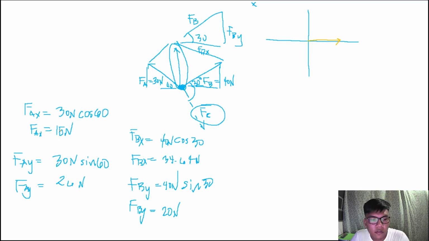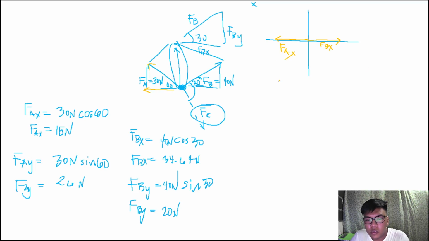So, we have FAX, papunta sa, itong papunta sa kanan, nakita FB, so we have FBX here. Then papunta sa kaliwa, meron tayong FAX. Yung X component ng FA, nakita natin to papunta sa kaliwa, di ba? So, ito yun.